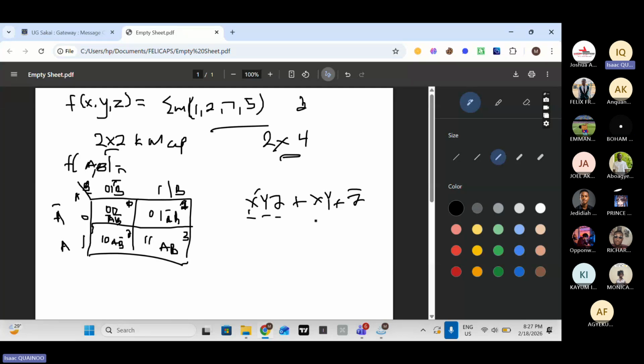In this particular expression, you can see x, y, and z. So we can say that this expression has a total of 3 variables, which is x, y, and z.